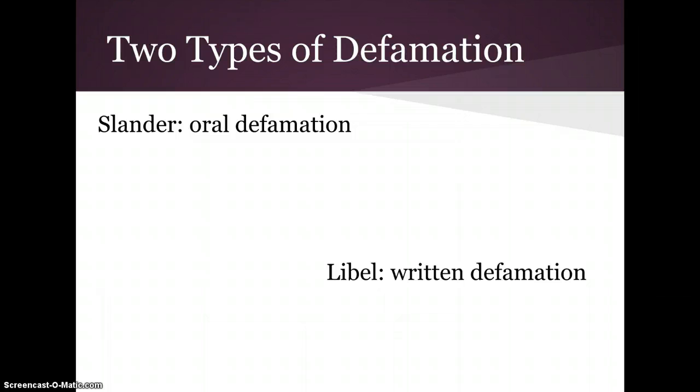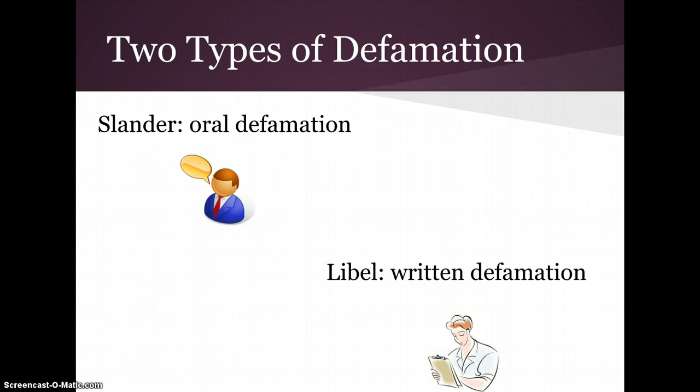Slander is oral defamation, whereas libel is written defamation. So with slander, it is if a teacher says something about a student, and libel is if a teacher writes something about a student, such as in the student's records. So teachers have to be very careful about what kinds of things they say and write in regards to each of their students.